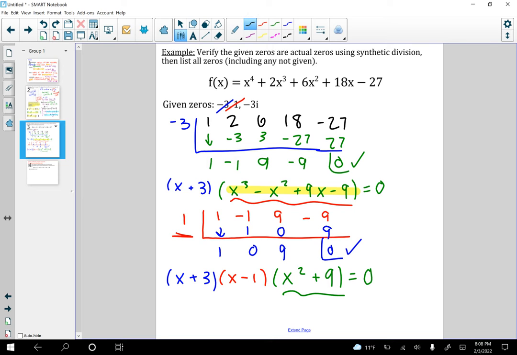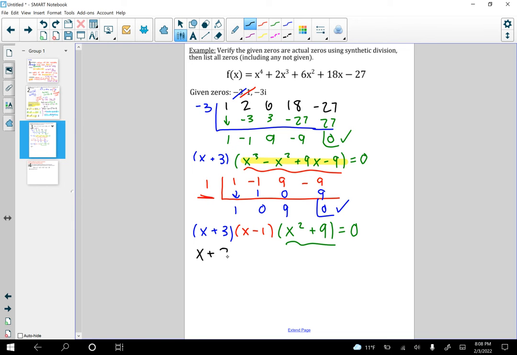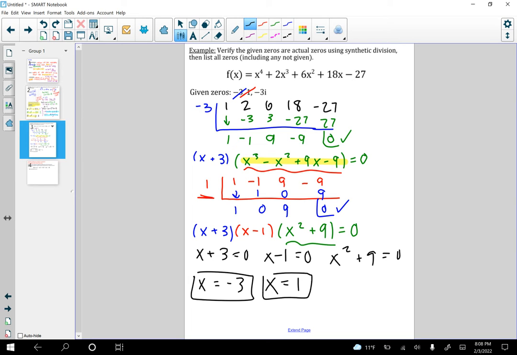So if I were to actually solve this, set these each equal to 0, you'll see what we get here. So we get -3, which is no shock. We are given that zero. We used it in our very first step. We get 1. Again, no shock there. We knew that. Here, I square root both sides. Don't you forget plus or minus.